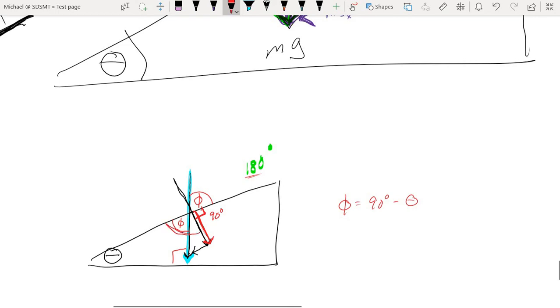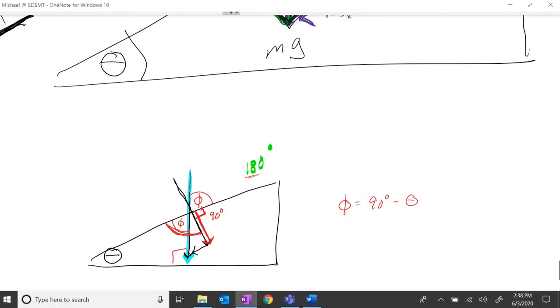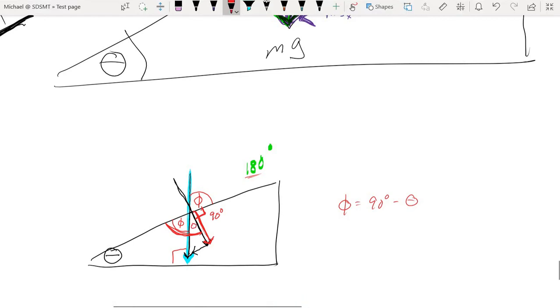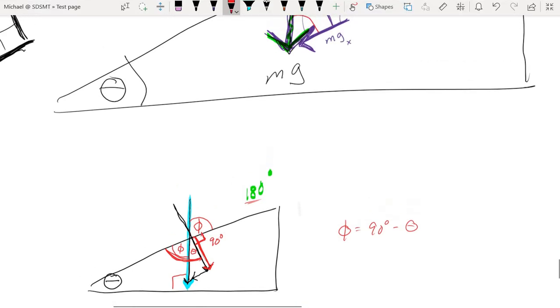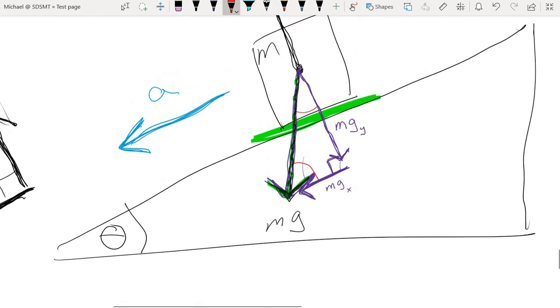That means that all of this, including phi, also has to be 90 degrees, or this little angle in the top corner of our weight triangle has to be the same angle as what our incline theta is using.